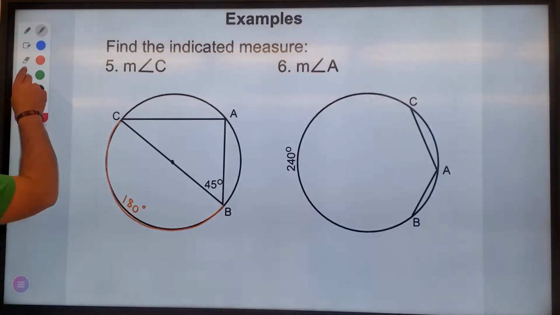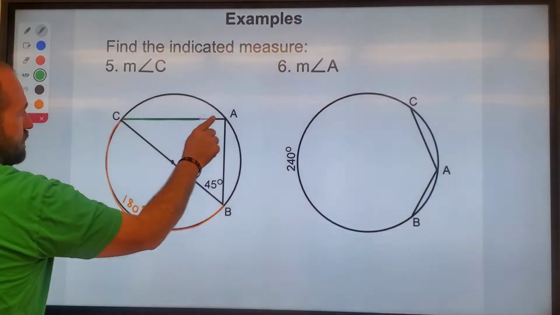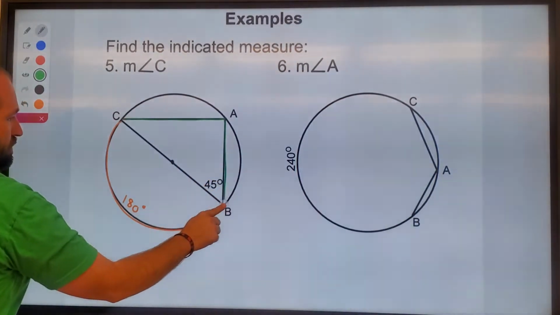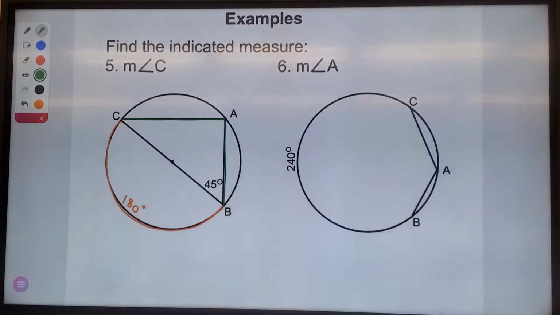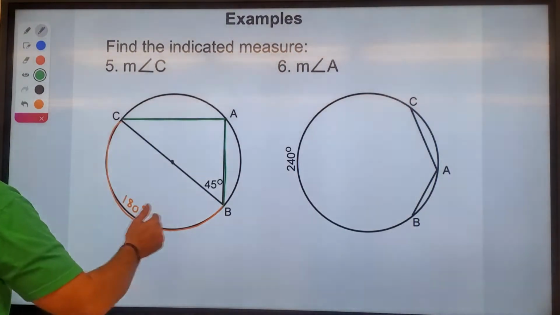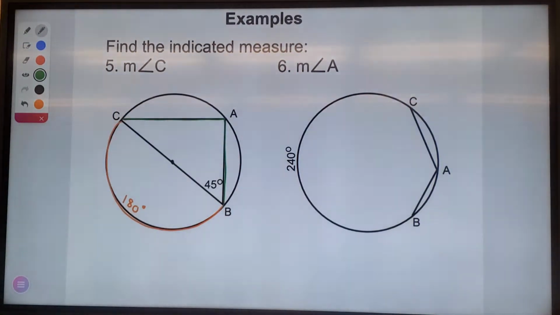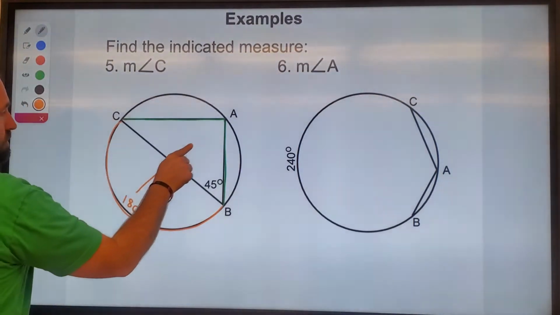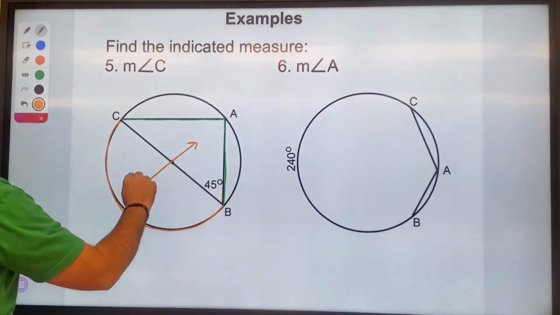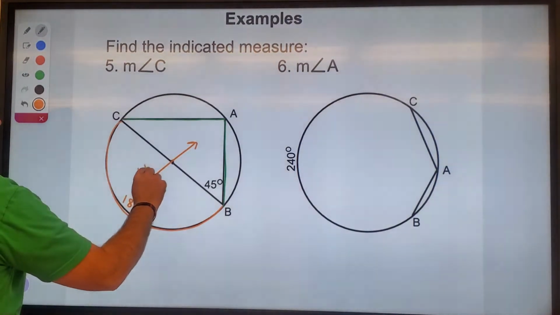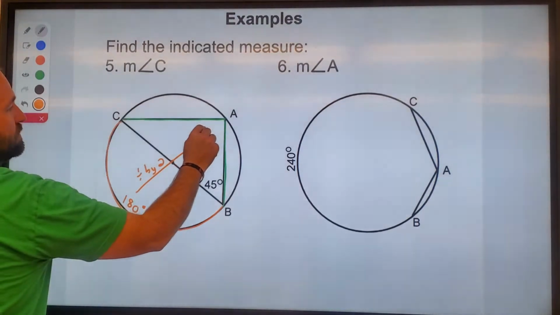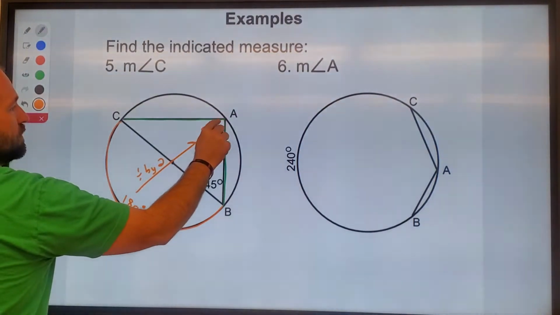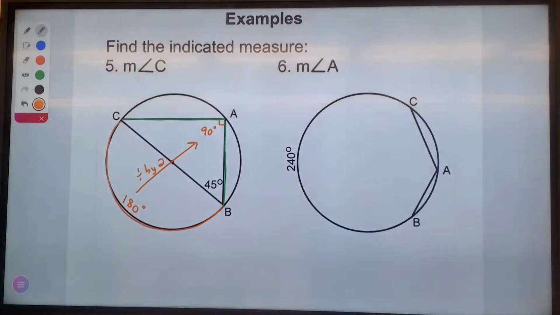And I can see that from here and here, that angle A is an inscribed angle, and arc CB is an intercepted arc. So to go from here in, I divide by 2, which means I have 90 degrees here. Okay, it's a right angle.